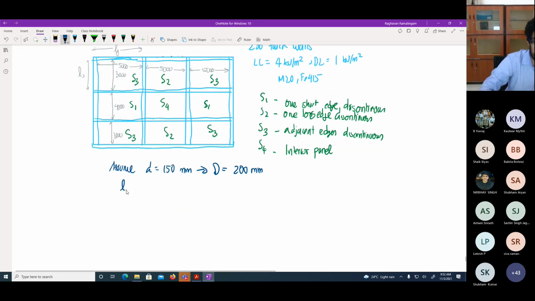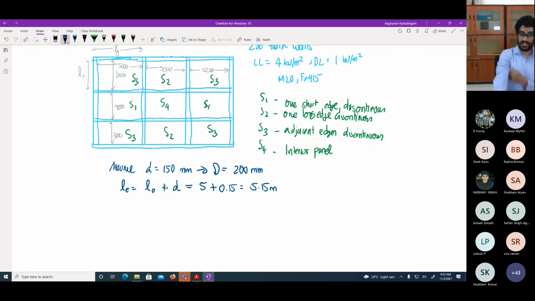The effective span is the clear span, which is already given over here, plus the effective depth. The largest clear span that we have is 5,000, that is 5 meters, and the effective depth which we have is 0.15, so 5.15 meters.